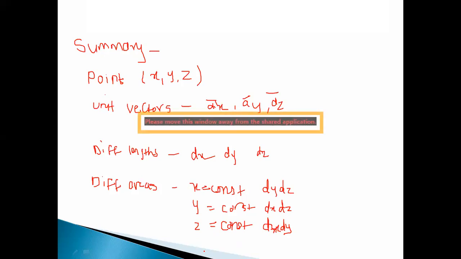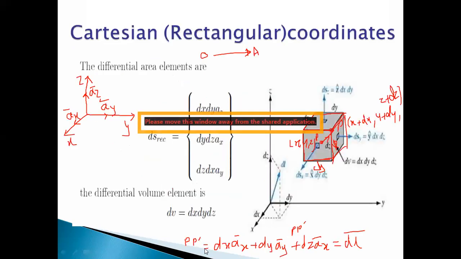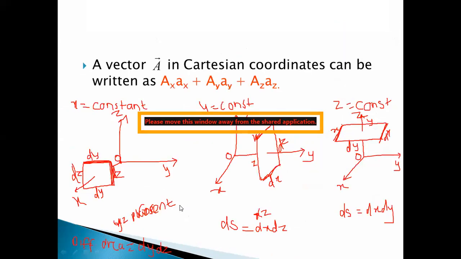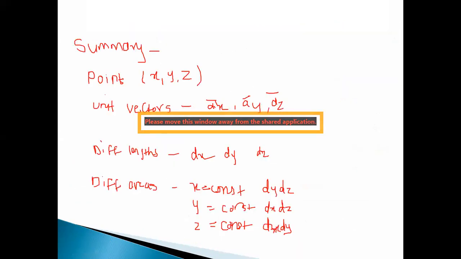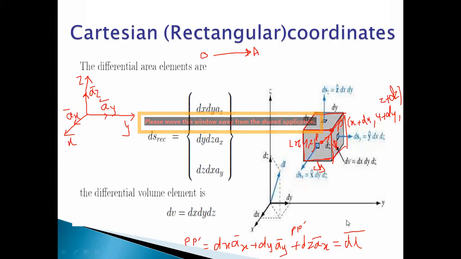Then the differential volume. All the differential elements are given here. When we use the differential surface area as a scalar quantity, we can write like this. But when we consider ds bar, that is a vector quantity, then you have to multiply by the unit vector.